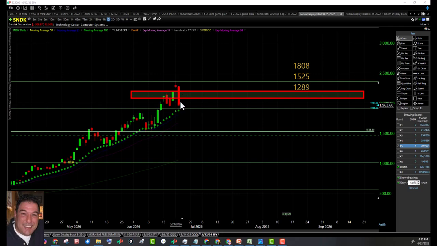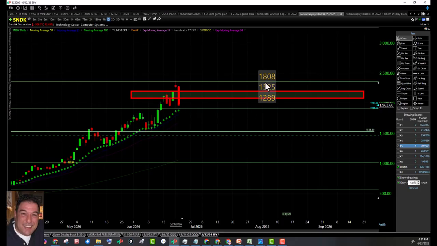So if that gets any follow through, we don't want to be a part of it. That's the biggest red candle in months. All of March, all of May, all of June, all of April, right here, biggest red candle whatsoever.